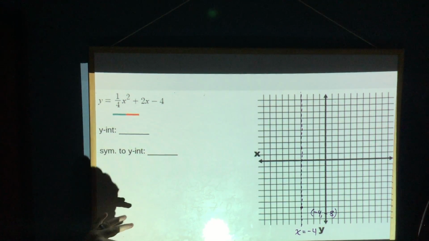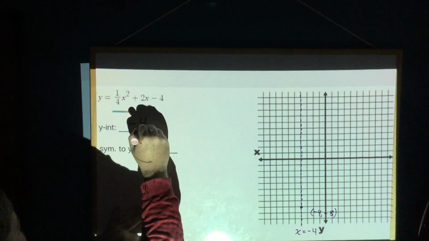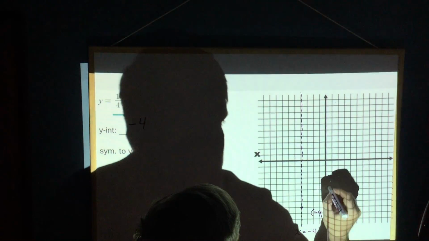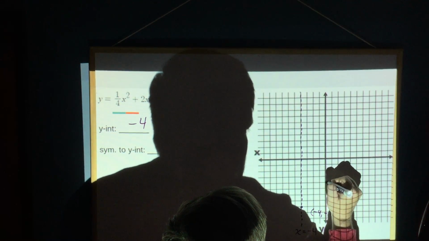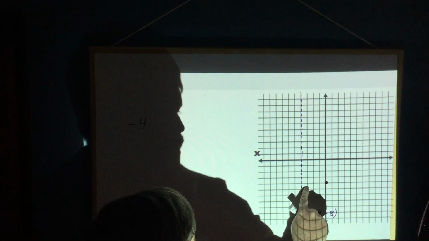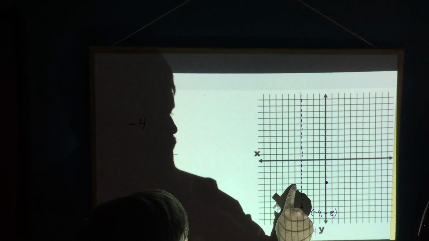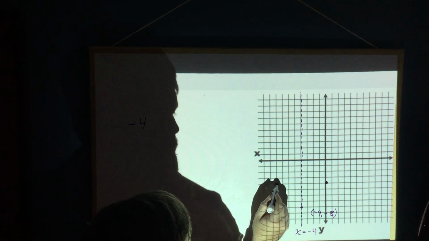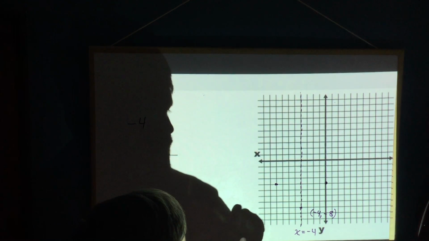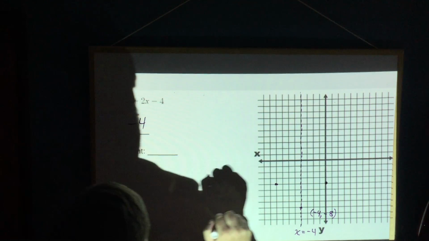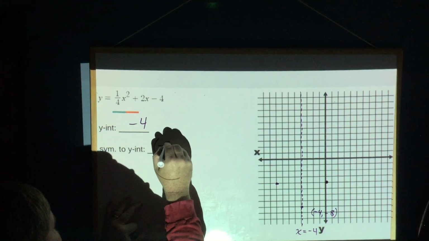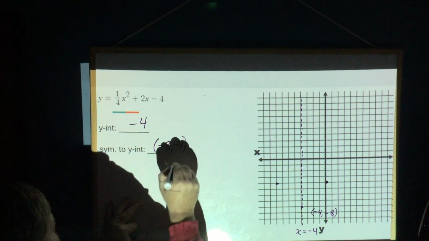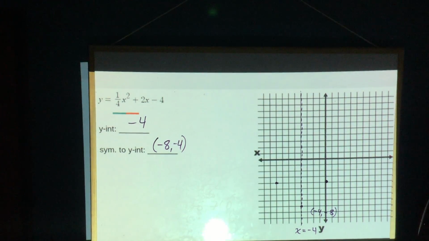In this case, that is -4. So let me put that on there. -4. I'm 4 away, so I got to go 4 the other way. 1, 2, 3, 4. The coordinates of that point are -8, -4. So we have those.